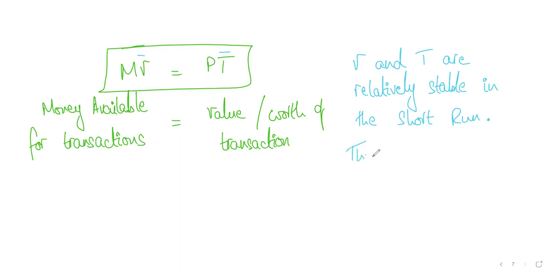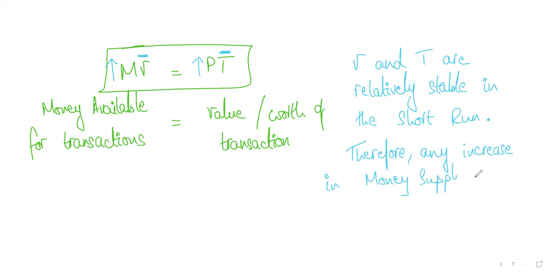Therefore, any increase in money supply has to be met. So if V and T are constant, so this sign shows that these are relatively constant, right? Constant values, they don't change. So then this means that any increase in money supply has to be balanced on the right-hand side of the equation through an increase in price level. Because as we know, an equation always needs to be balanced.